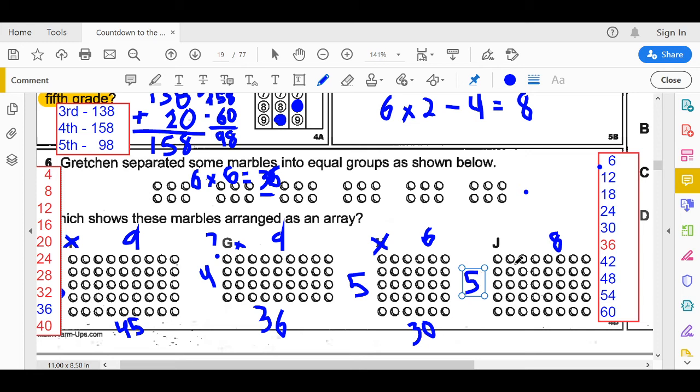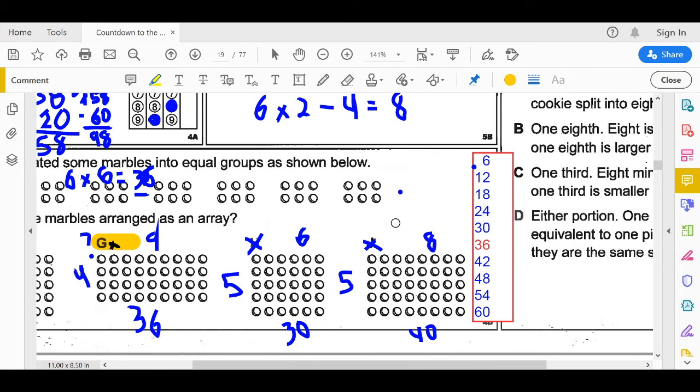What is 5 times 8? Again, use your tables of 5. That is 40. So it's not the number we need. I'm going to cross it out too. And that should be letter G. So the right answer is letter G, because the array also has 36.